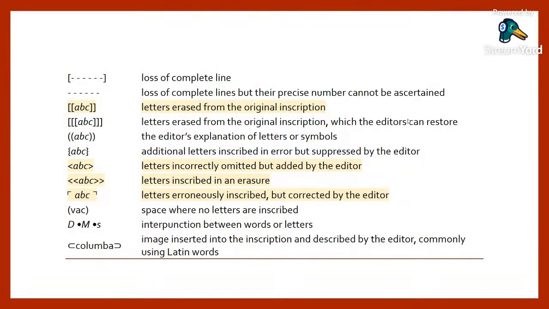And since this must be highlighted, because the damnatio memoriae, or even simply the mistake of a confused stone cutter, is full of meaning, then double square brackets, as you can see here, will be used. But if that clumsy, let me say, stone cutter decides to write something over the erasure, we use angle brackets to signal this information.